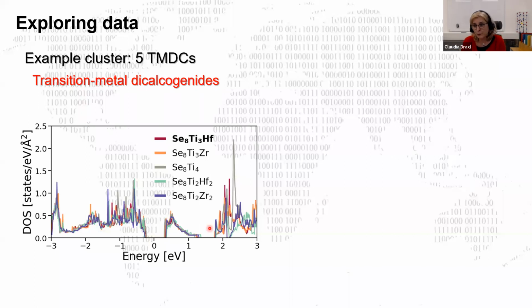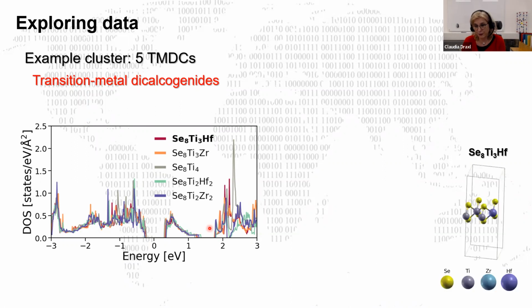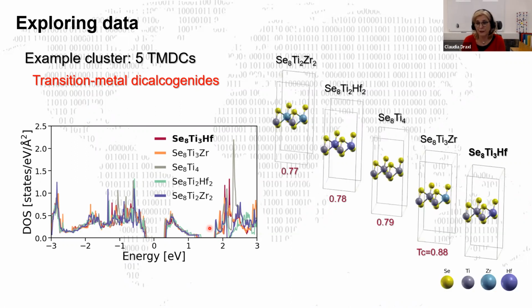And so let's explore now what kind of materials these are. If you look at the structure and the composition, then you see that all 5 have the identical crystal structure. So they're all transition metal dichalcogenides, these layered materials here.